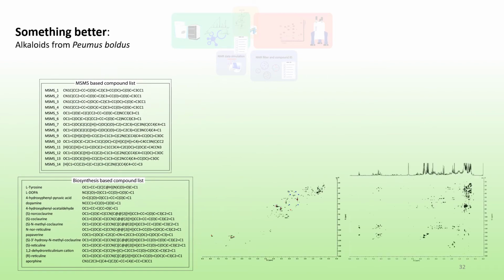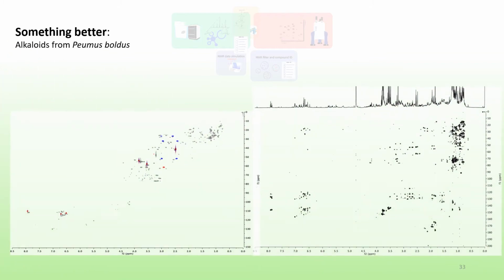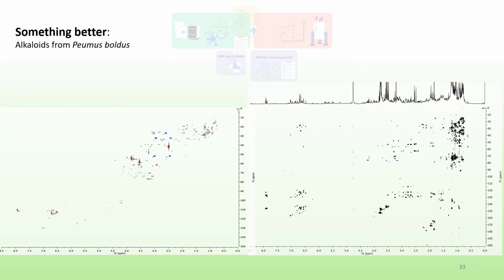In parallel, we collected the NMR data, HSQC and HMBC. We'll leave the HSQC-TOCSY section for another opportunity. Note the complexity of both spectra with lots of cross peaks. One could try to manually identify compounds from it.